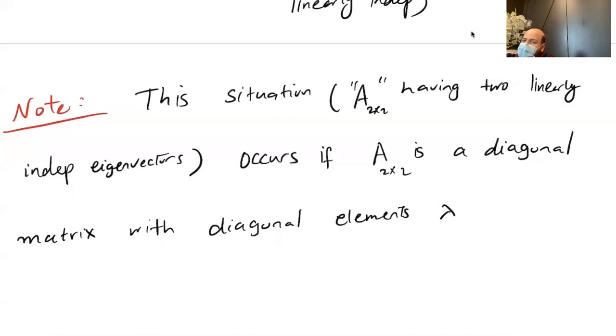So this is in fact an if and only if statement. It's valid both ways. If it's a diagonal matrix with diagonal elements lambda, then it will have two linearly independent eigenvectors, and the converse is also true. So instead of "if" here, I can say "if and only if", because it's valid both ways.